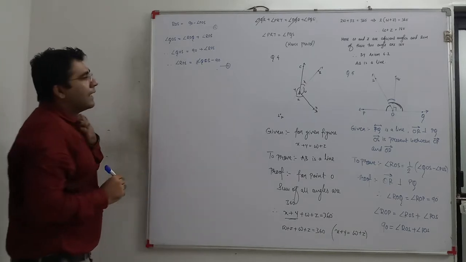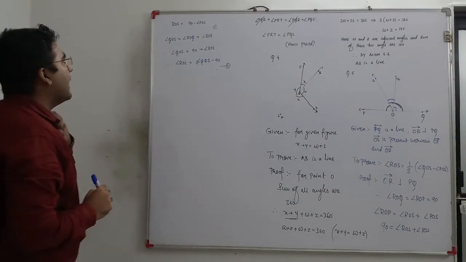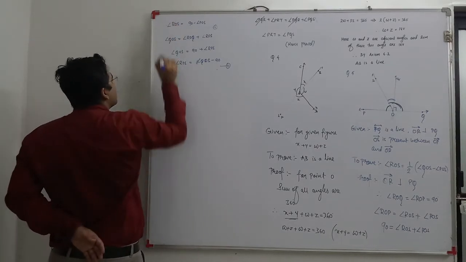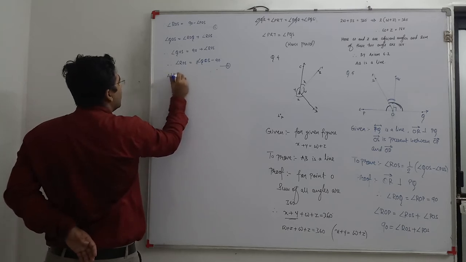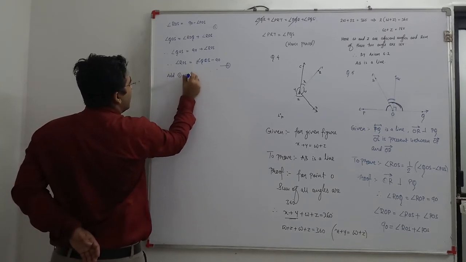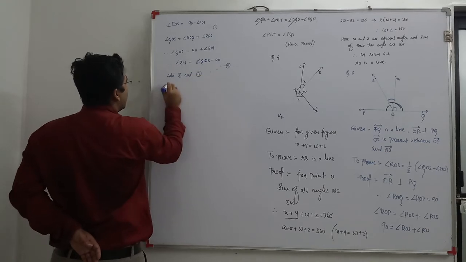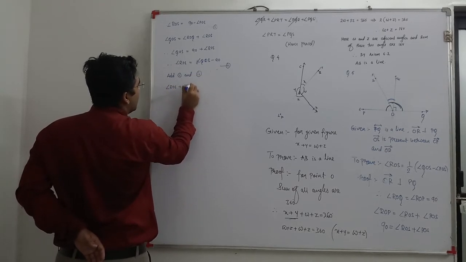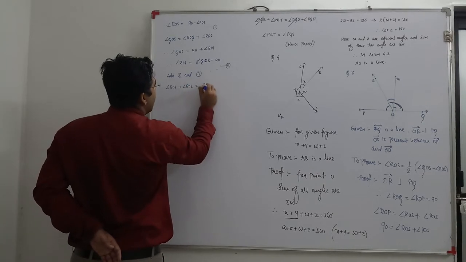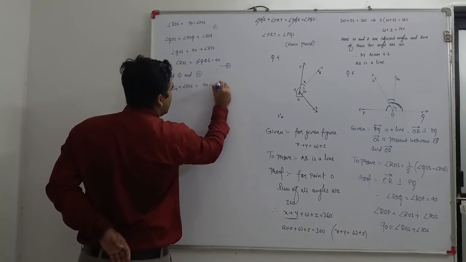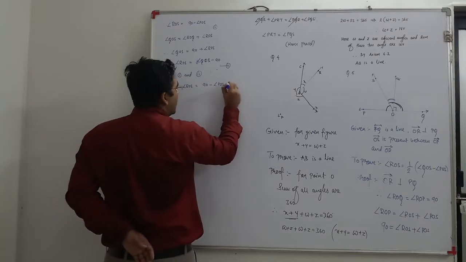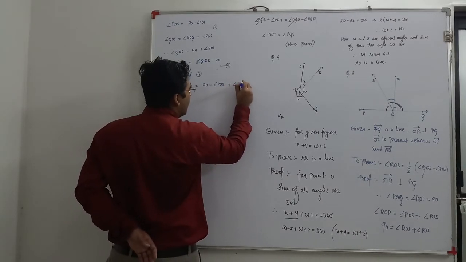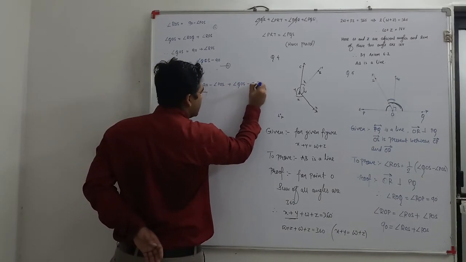So here I can write: add 1 and 2. What did I get? Angle ROS plus angle ROS is equal to 90 minus angle POS plus angle QOS minus 90.